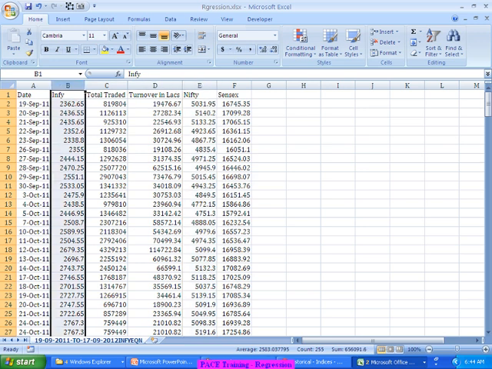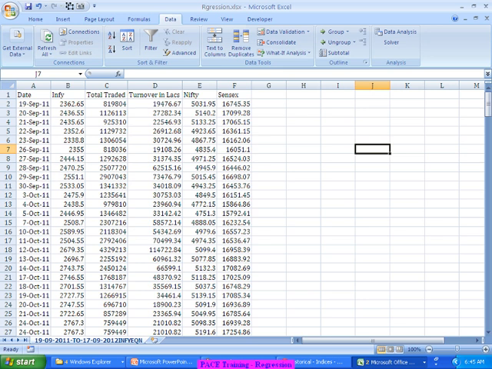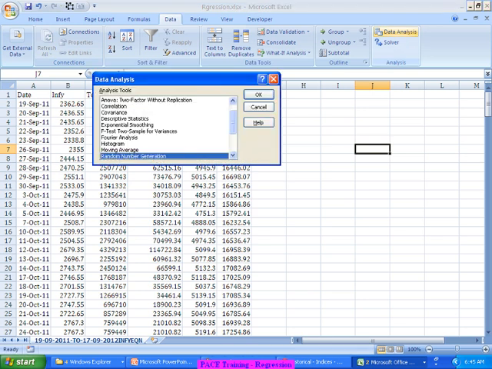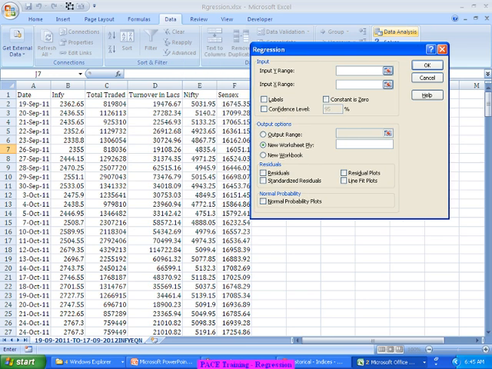Alright, so I'll use the regression. Infosys is the dependent variable and Nifty is the independent variable.